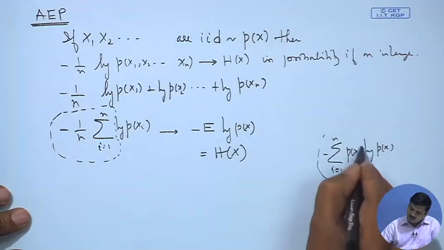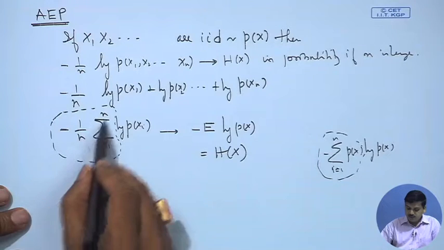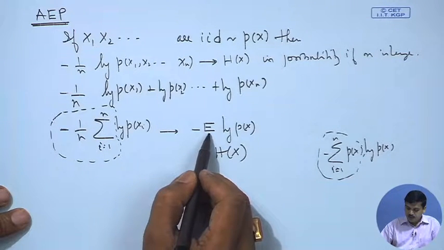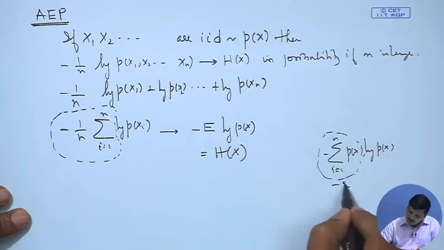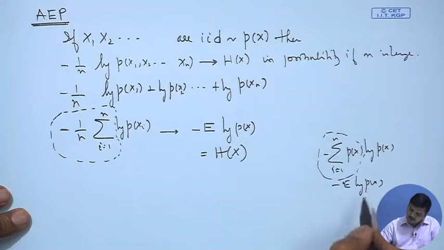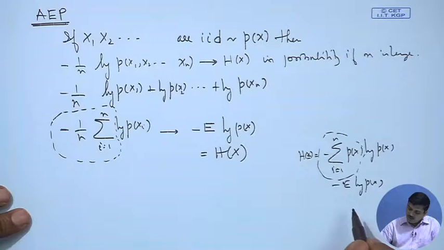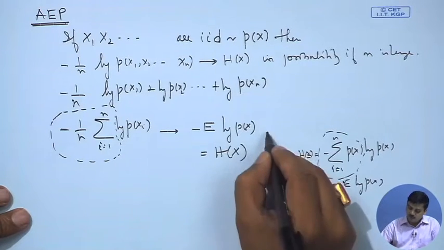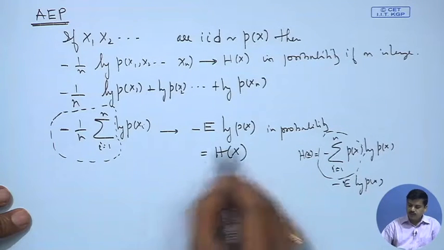So this was basically leading to the expectation operation, but when n is very, very large, by the weak law of large numbers we said we could write this as minus expectation of log p of x. So this was defined as h of x. In the integral form, instead of the summation, there is the integral sign. So basically we are using this definition and saying that this could be written in the probability sense as h of x.